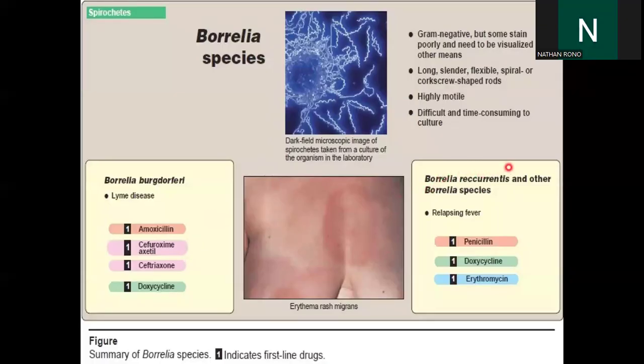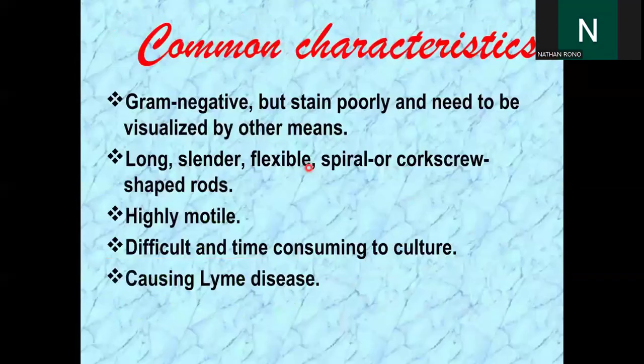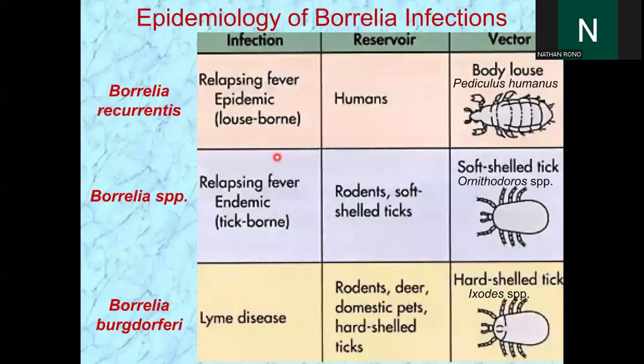And then for Borrelia recurrentis and this other one, what is happening here, maybe just to mention, let's go back to these Borrelia species. We have something called relapsing fever. Okay. So what is happening in relapsing fever for these two?